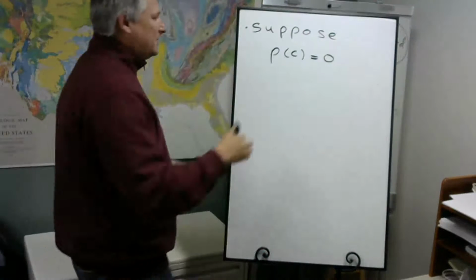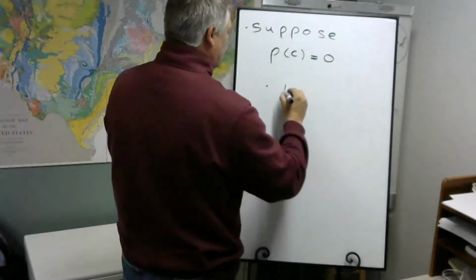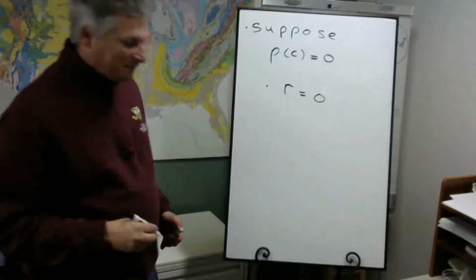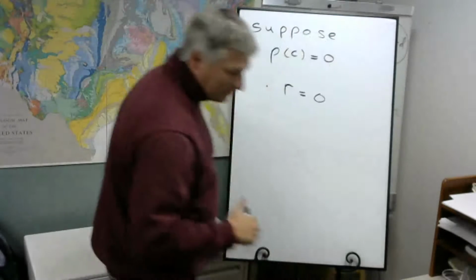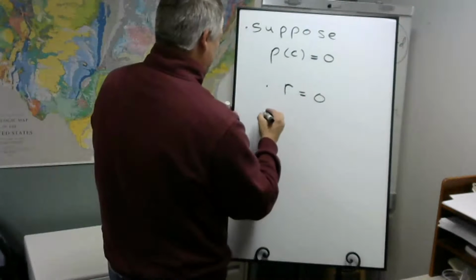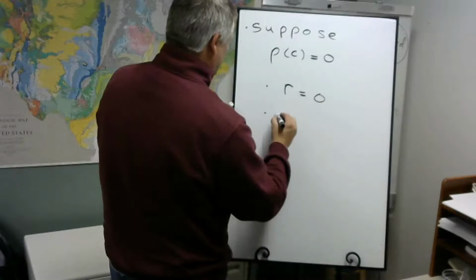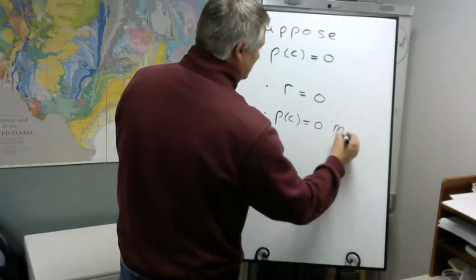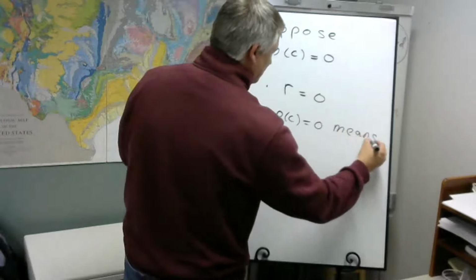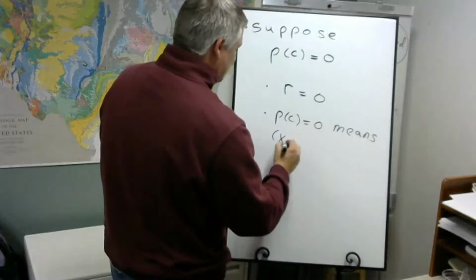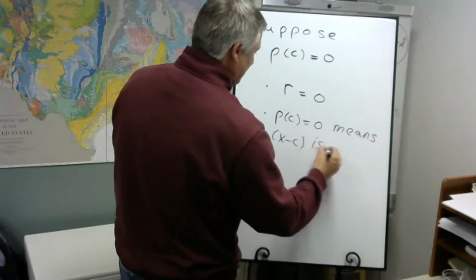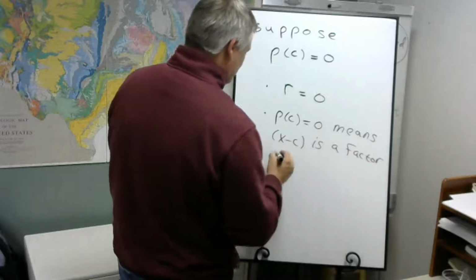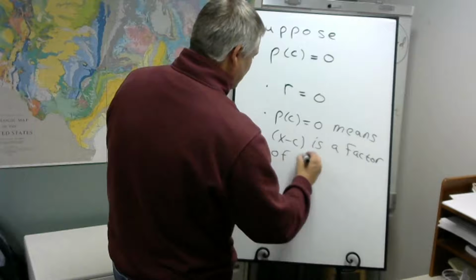Well, if P of C equals 0, this means R must equal 0. And so what that's going to imply is that P of C equals 0 means x minus c is a factor of P of x.